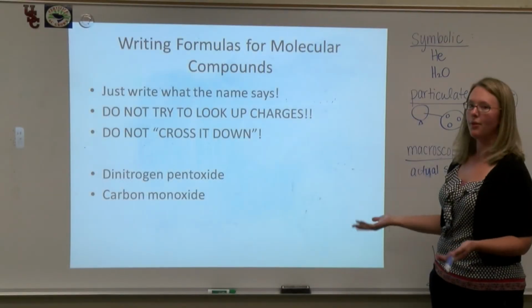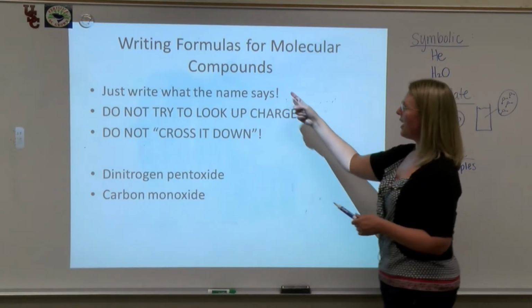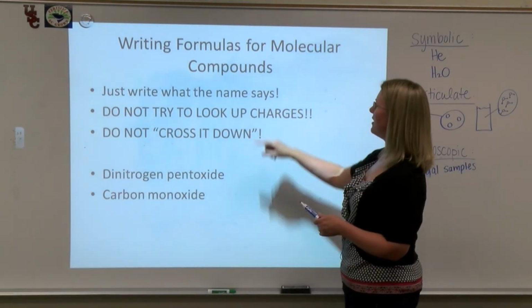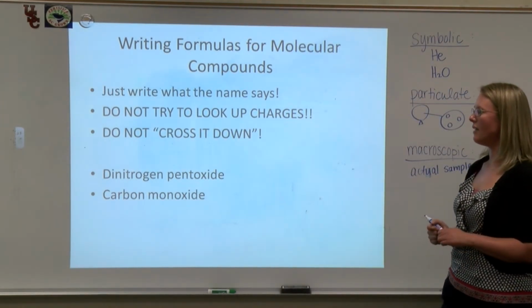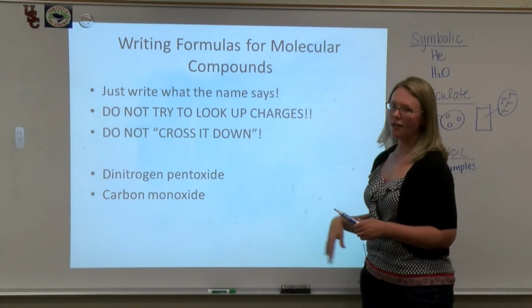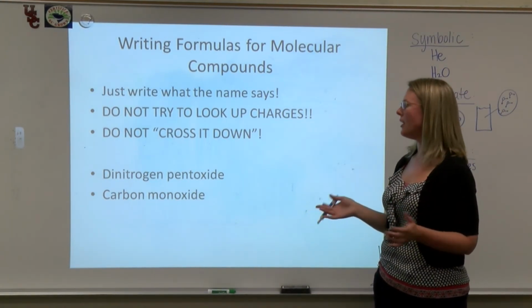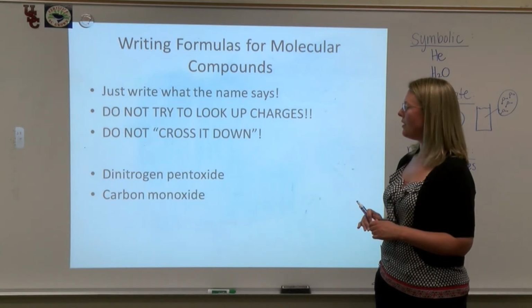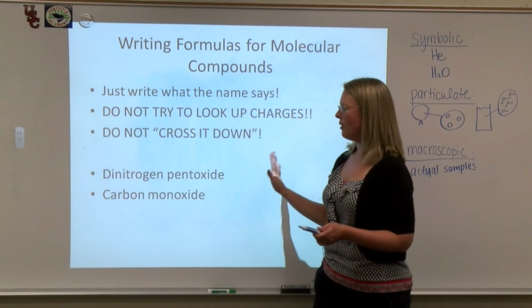And so going backwards, writing the formula, it's actually pretty easy. Just write what the name says. Don't try to look up charges because they're not ions. Do not cross it down because they're not ions. Think about why you did the whole cross down thing: it was to make your ions equal out to 0. Here we don't have that, so we don't do it.